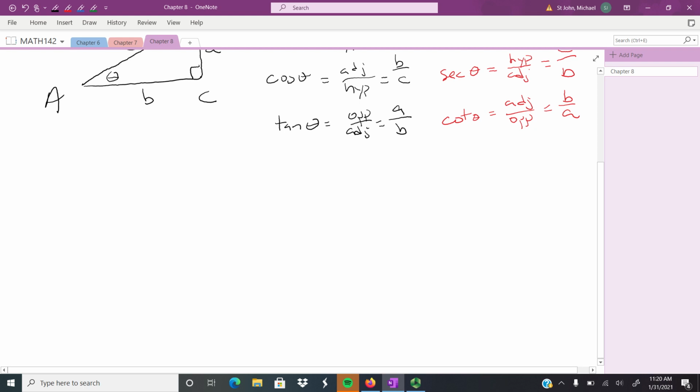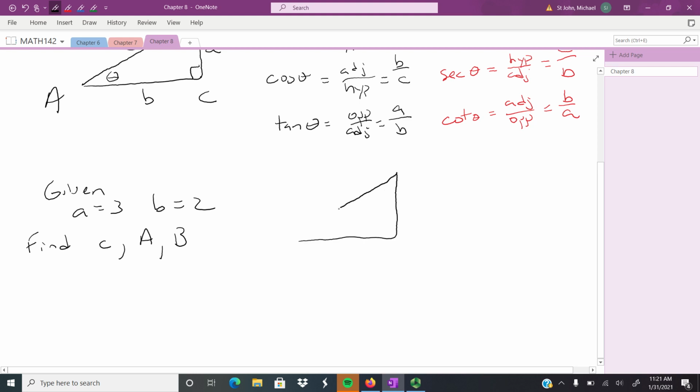So let's say we're given something like this. Given that A is 3, B is equal to 2, and we want to find side C, angle A, angle B. So let's first draw out this triangle.